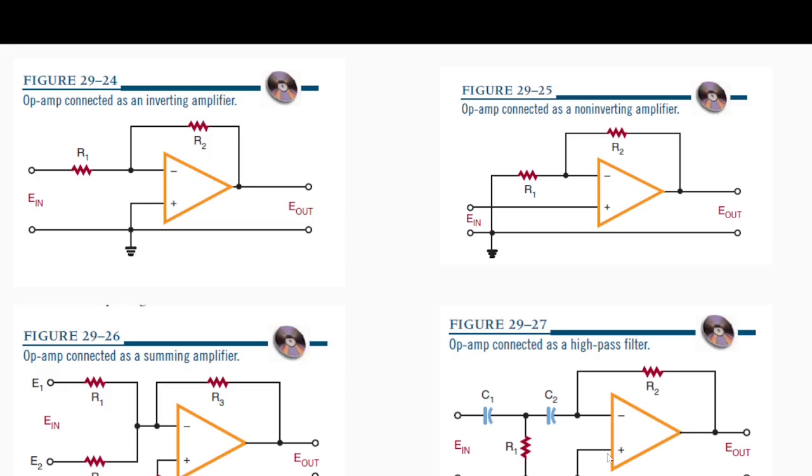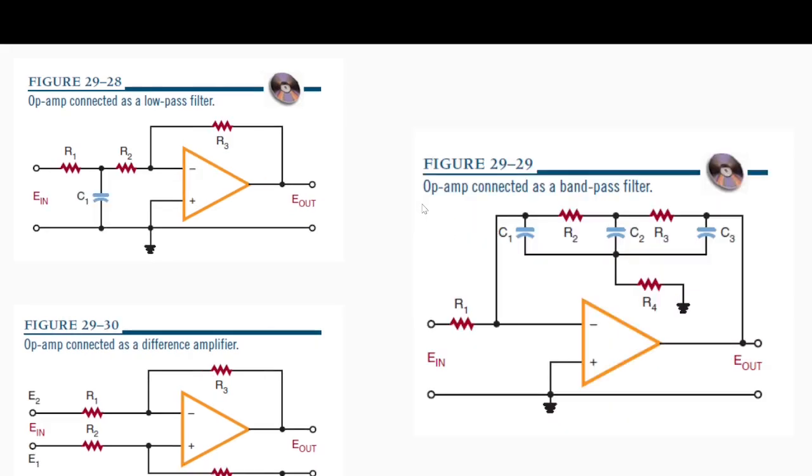But since it is connected with an op-amp, which amplifies the incoming signal, it is called an active high pass filter. We will also see the low pass variations of an op-amp. This is again the same thing. This particular RC is a low pass filter, and it becomes active because of the amplification here. So that's called an active low pass filter.